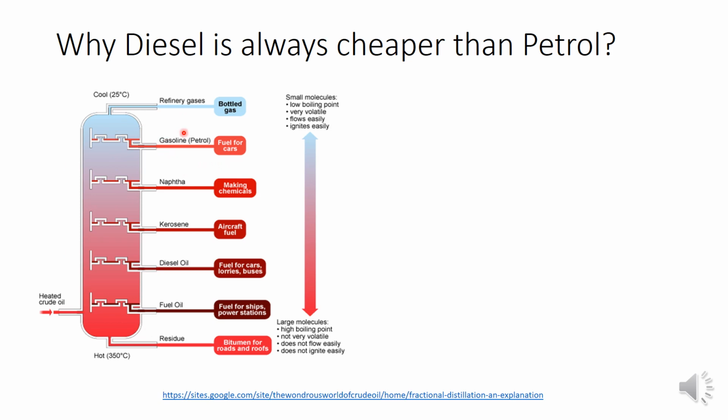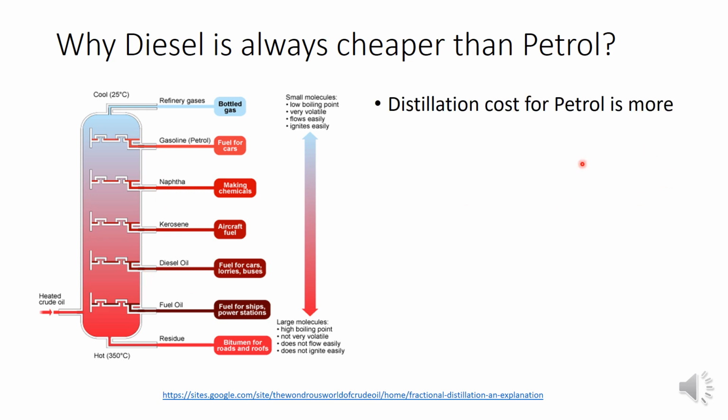In that, gasoline or petrol is obtained from the topmost, upper region of this distillation tower. So it requires more energy for separating petrol. If you take diesel, it is very easy to separate diesel compared with petrol. Less energy is required. So that is the first reason.